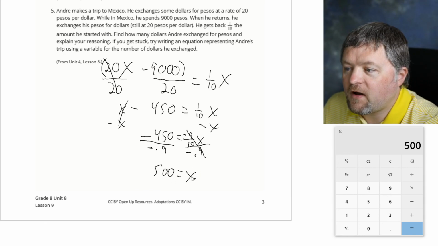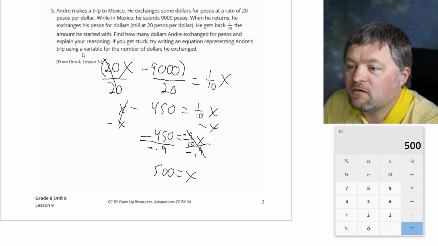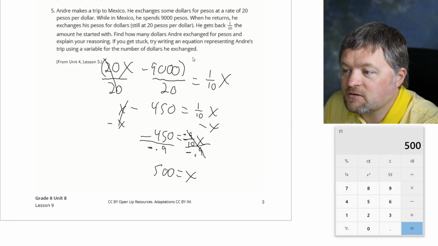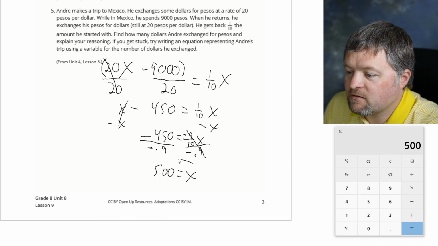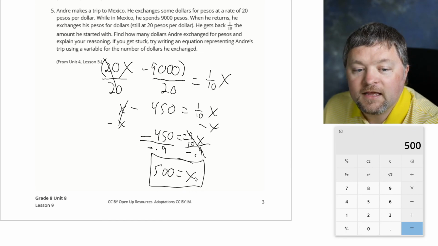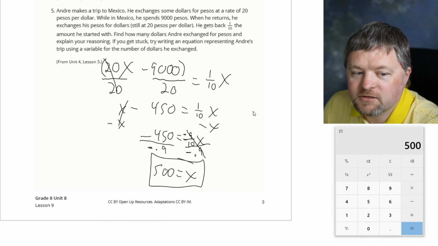So, if 500 is x, we wrote an equation using a variable for the number of dollars he exchanged, how much money he started with. He started with $500.